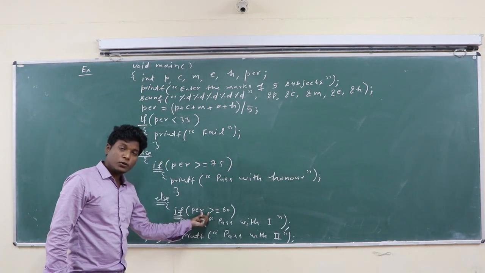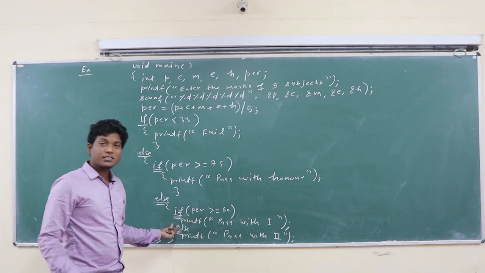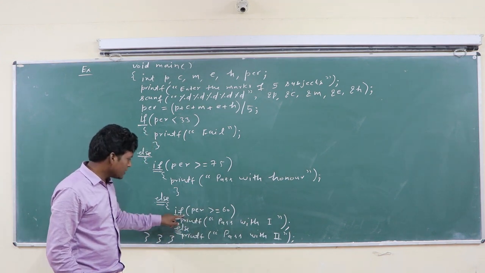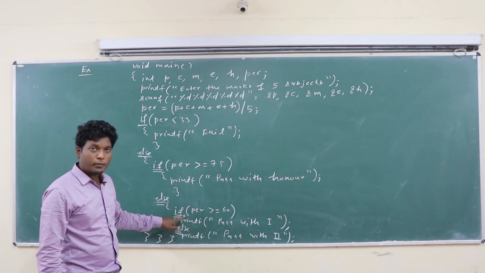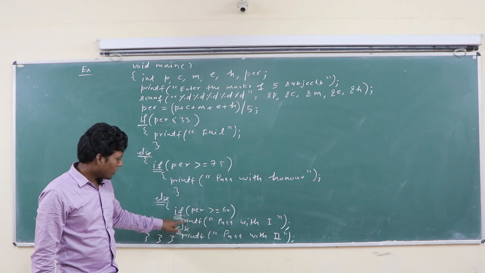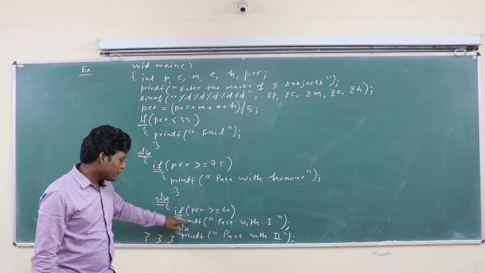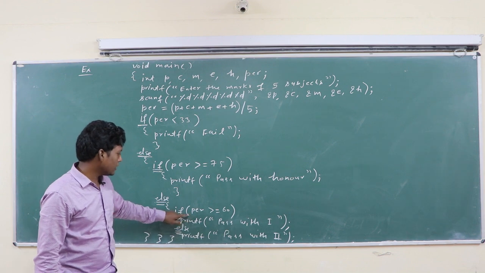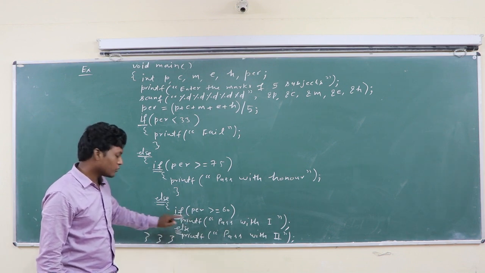If it is not true, then its else will start, but only when this if is closed. By default this is closed, because we are not opening the bracket here, so we are not closing the bracket here. By default a single statement is under the if.